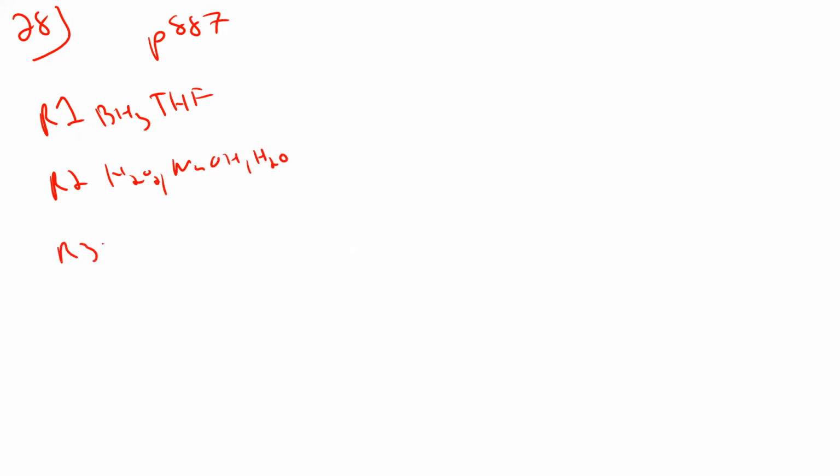R3 will be PCC. Step 1 is the hydroboration. It inserts a BH2 on the primary carbon atom. Step 2 is the oxidation of the organoborane. Step 3 oxidizes the primary alcohol to an aldehyde, so you're going to use PCC.